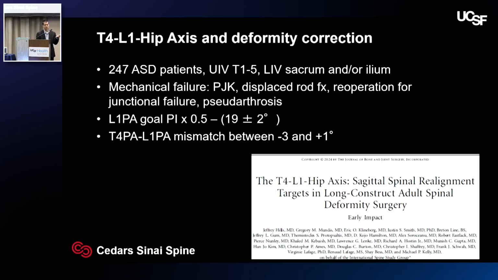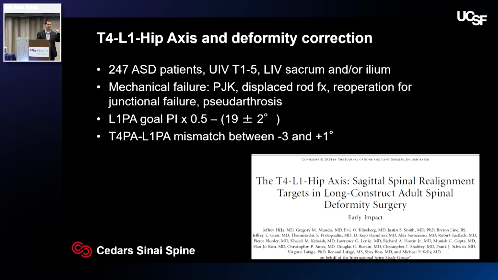So how does this hold up? How does the T4-L1 hip axis hold up for patients undergoing thoracolumbar deformity correction with UIV T1 to T5 into the pelvis? ISSG did this nice study of 247 patients looking at mechanical failures and who was mismatched, who wasn't. Basically, they found that for T4-L1 mismatch, if it's -3 to 1 degree, you minimize the complications.